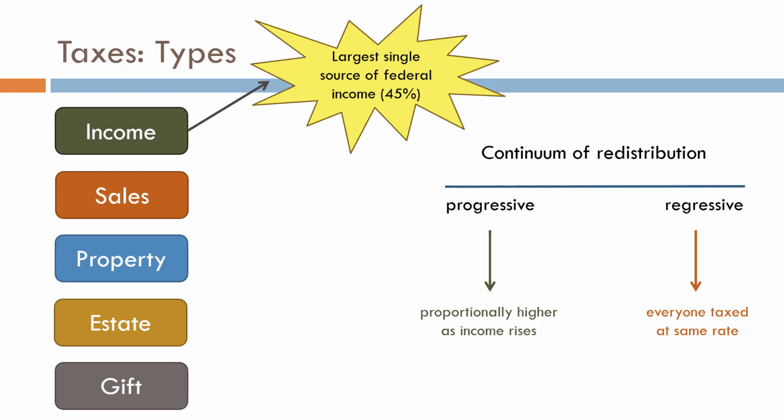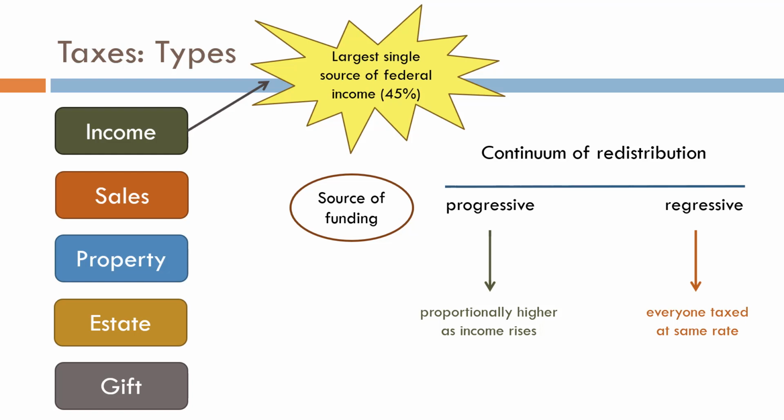So in that sense, impoverished people are paying a higher percentage of their income in these taxes compared to the wealthy. Because 10% for someone who is struggling in terms of paying a sales tax is much more difficult than for someone who is wealthy. So when it comes to these two extremes, we say that the source of funding is either progressive or regressive in terms of the taxes themselves.